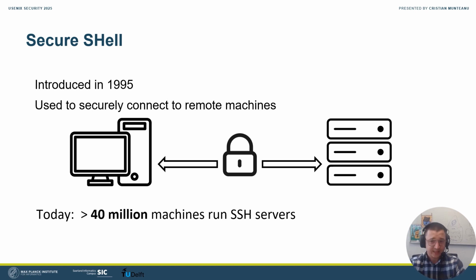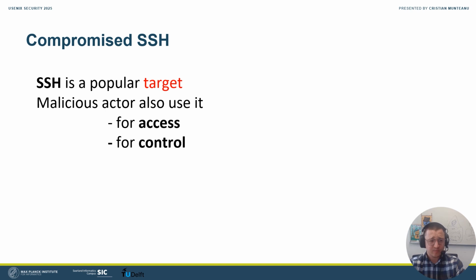Because of that, SSH became a really popular target for malicious actors, who would very much like to get access through SSH. This is mainly for two reasons: one is the access, and the second is the control of the machine that they get via SSH.